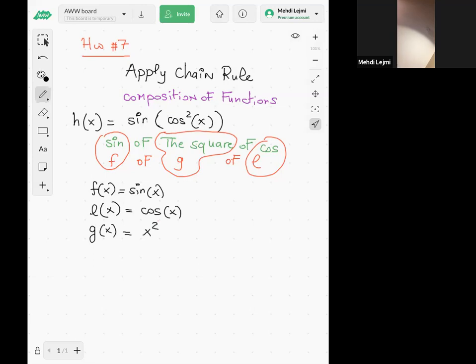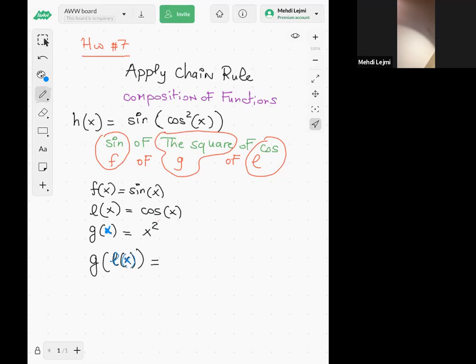Now if you do f of g of L of x, that will be exactly the function h. Let's say g of L of x. What's g of L of x? You substitute this x by L of x.